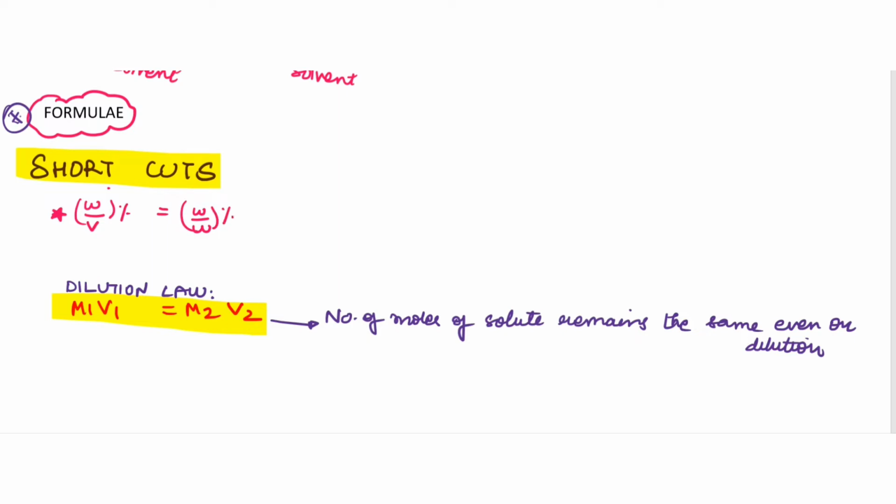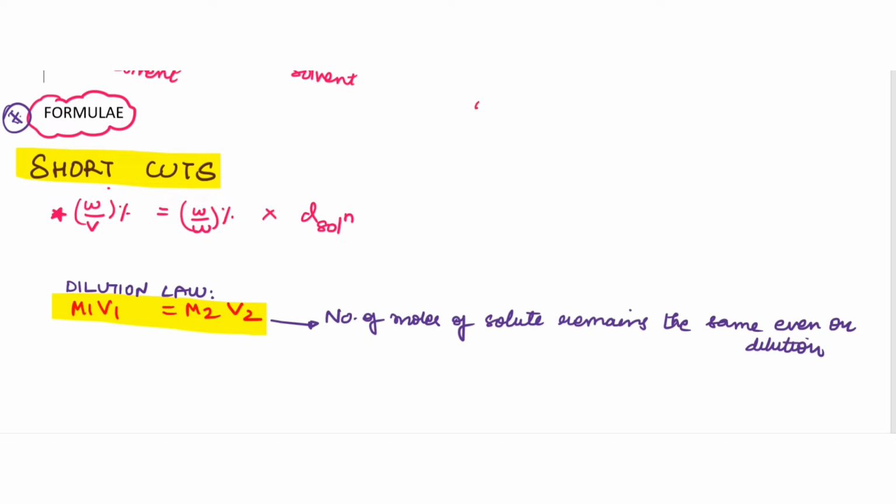So the relation between W by V percent and W by W percent is W by V percent is equal to W by W percentage into density of the solution. This we got from the simple relation that density is equal to mass by volume.